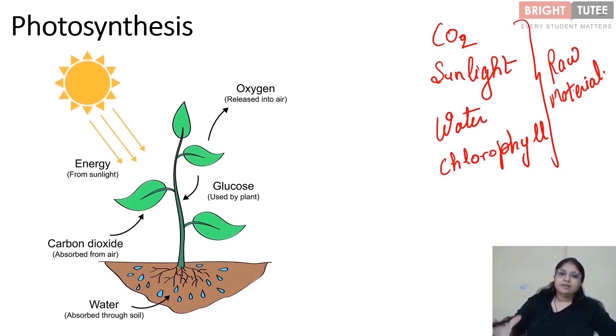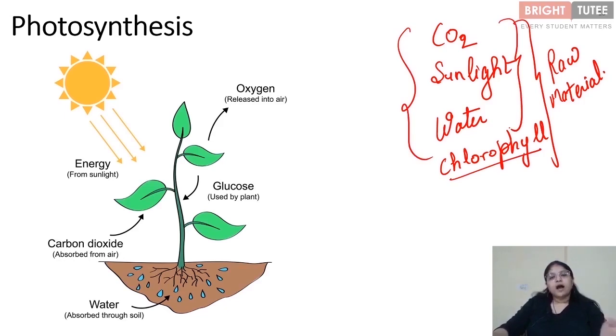So all of these: CO2, sunlight, water and chlorophyll. Chlorophyll is already present in the leaf, and the other three things are needed by the plants from the outside environment, right? If we talk about water, it is absorbed by the roots and transported to the leaf.